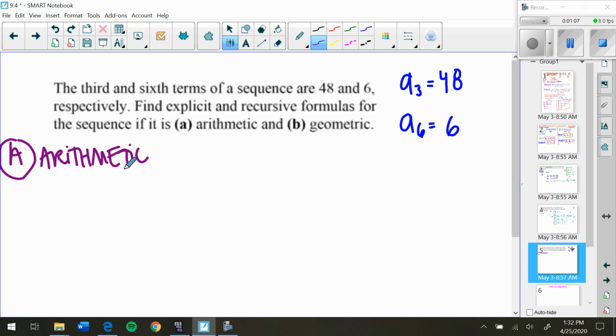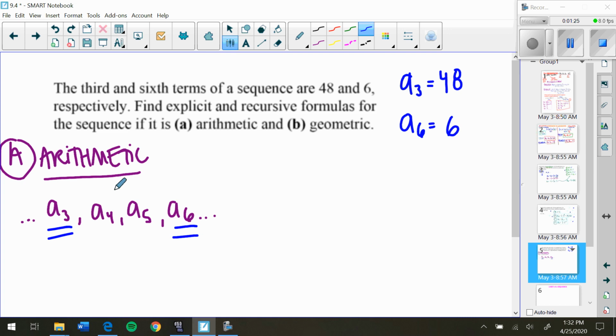Now, in order to do this problem, where we know the third term and the sixth term, a4, a5, a6, we have a3 and a6, we need to figure out what that common difference is. So one way to do this, a3 to a4, so that's plus 1 common difference.